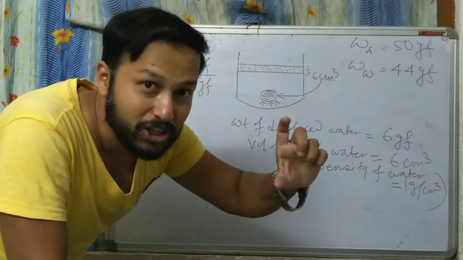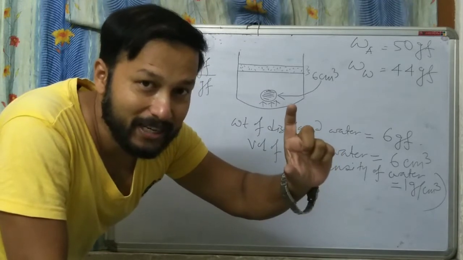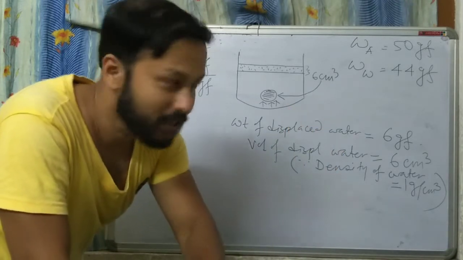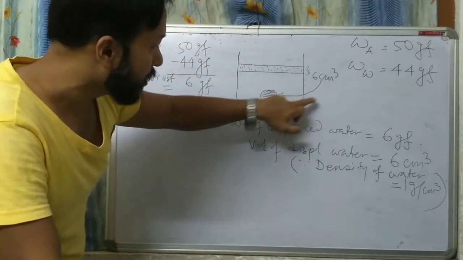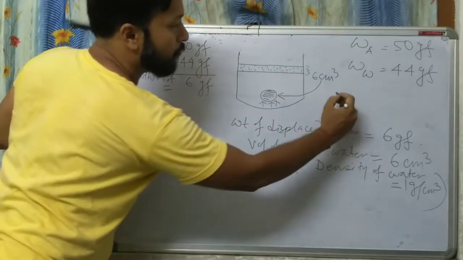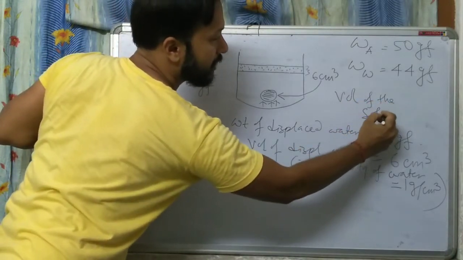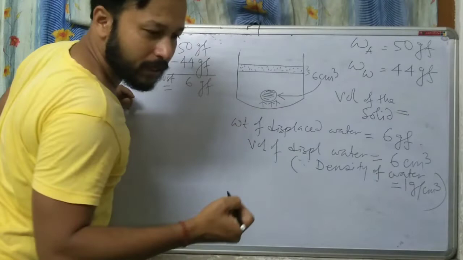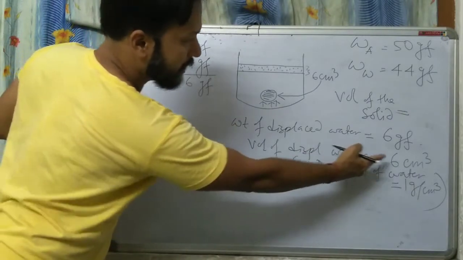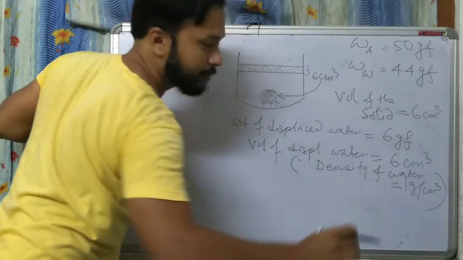That is called displaced liquid. The volume of the displaced liquid is equal to the volume of the solid. So volume of the solid equal to 6 centimeter cube.